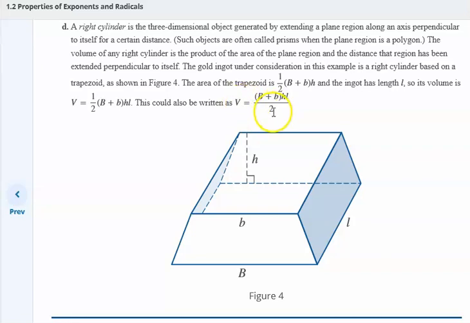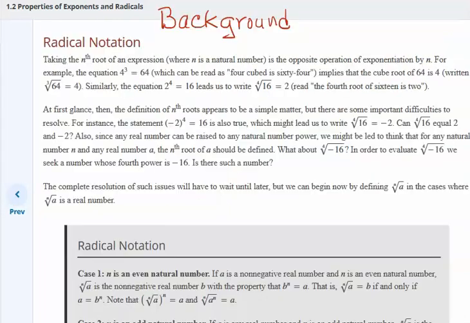So to solve this, I would get rid of the fraction and do twice the volume equals that. Again, you'll have some practice perhaps and some certification on that. Now we're going to get some background information on what we call radical notation.